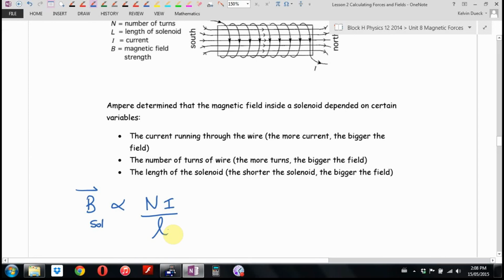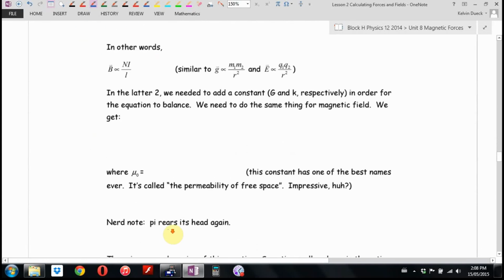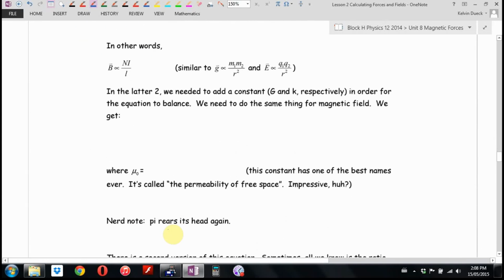But to make it an equation, we need to put a constant right there. Just like for gravitational field, we had to put a big G, 6.67 times 10 to the negative 11. Just like for electric field, we had to put little k, 9 times 10 to the 9. We're going to have to put a constant there, and this is your final constant of the year, but it's one of the most impressive. Turn the page.